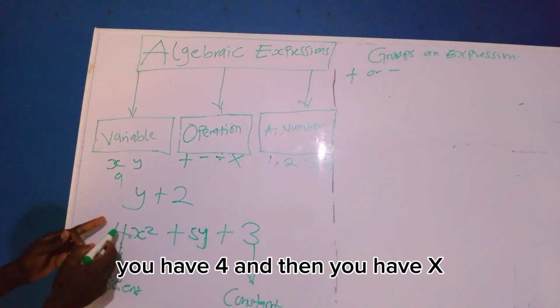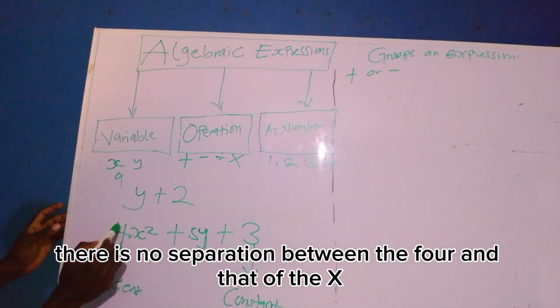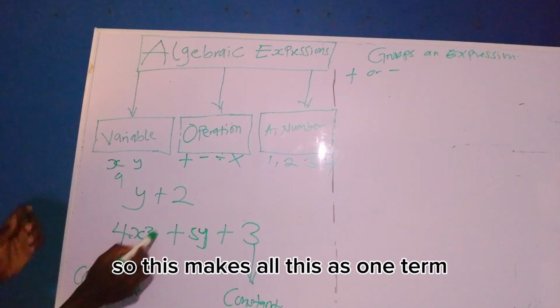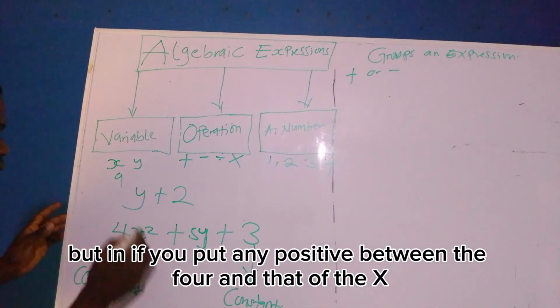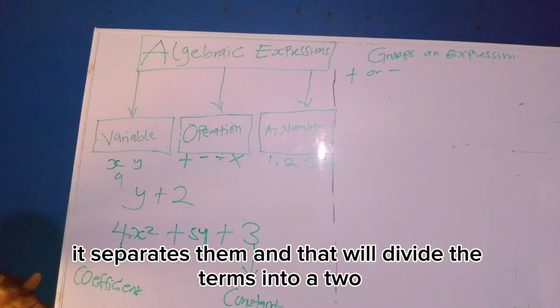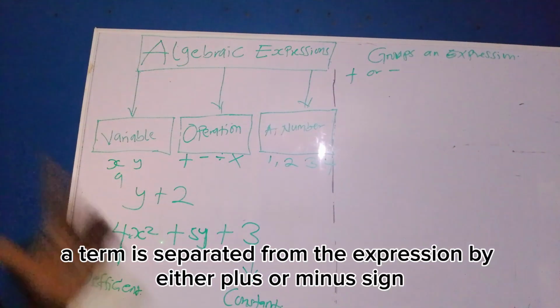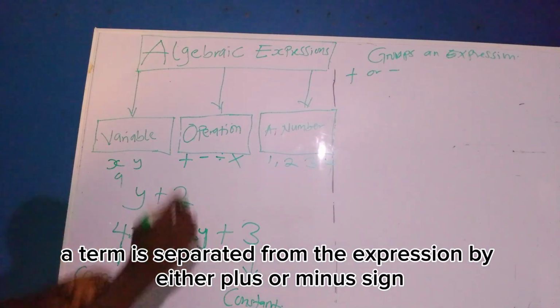So for example, you have 4 and then you have x. There is no separation between the 4 and the x. So this makes all this as what? One term. But if you put a plus between the 4 and the x, it separates them and that will divide the terms into what? 2. So a term is separated from the expression by either plus or what?